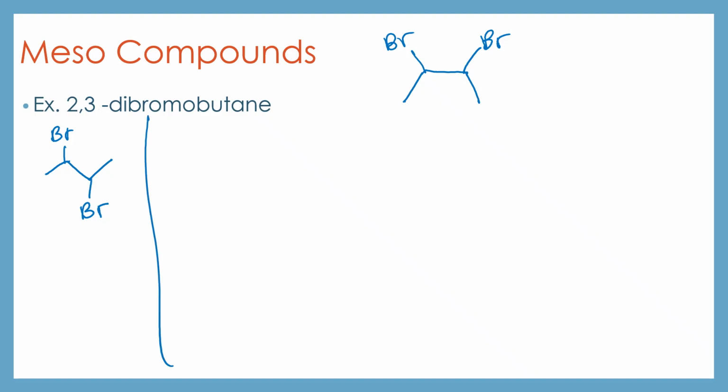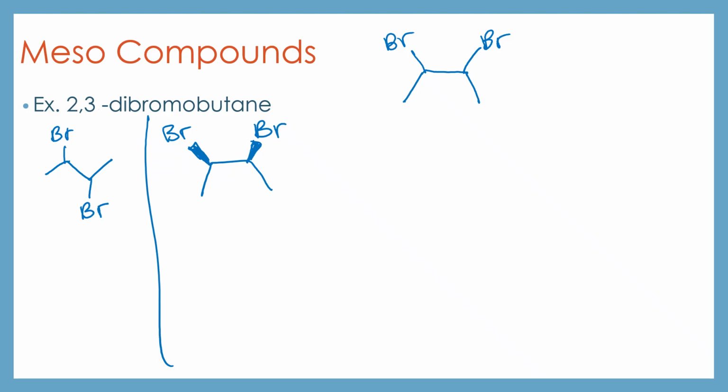So if you want to draw all of the potential stereoisomers of a molecule, you start by just making a decision. And my first decision is that both of my bromines will be on wedges. Now, here's where I've created kind of a problem.